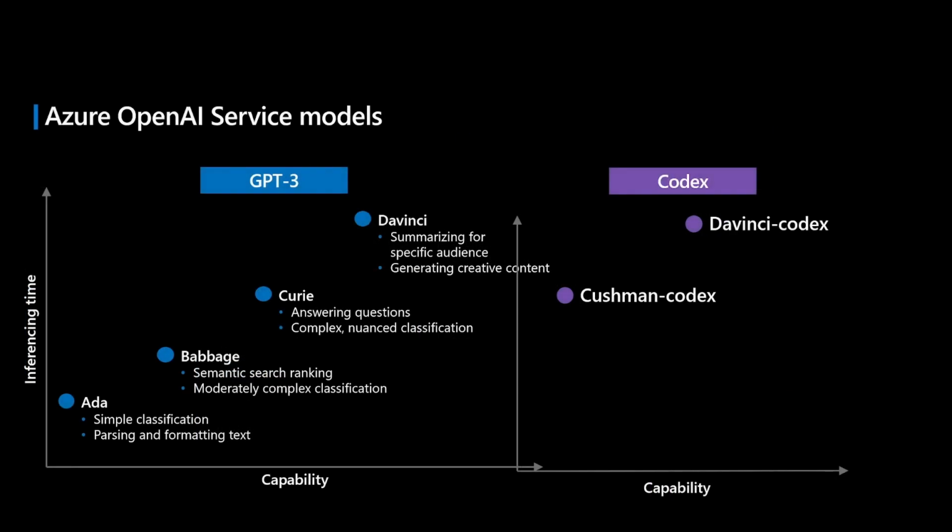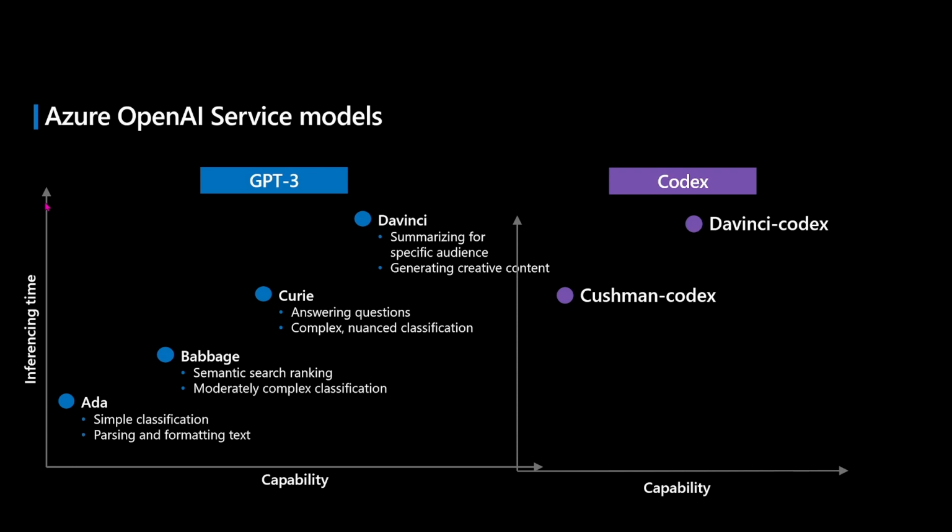So within the Azure OpenAI service, there is a family of models within GPT-3, and the four are Ada, Babbage, Curie, and DaVinci. DaVinci is the most capable model, usually capable of taking on the most complex tasks. Also, it has the highest inference time and cost per token consumed.